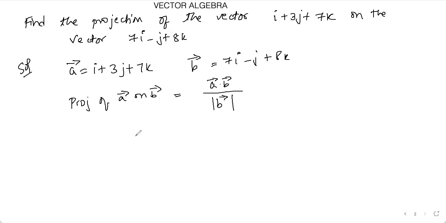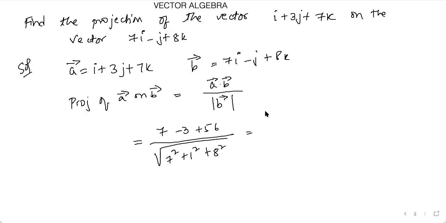So A dot B, so that is 7 minus 3 and 56, and this will be divided by square root of 7 square, 1 square, and 8 square, right?